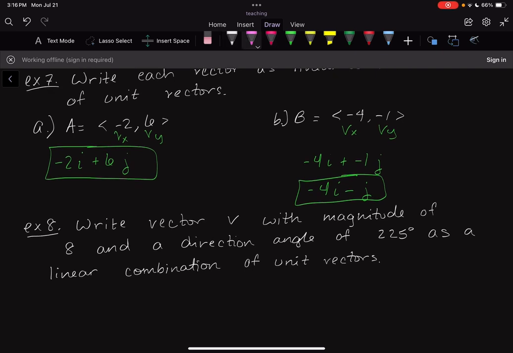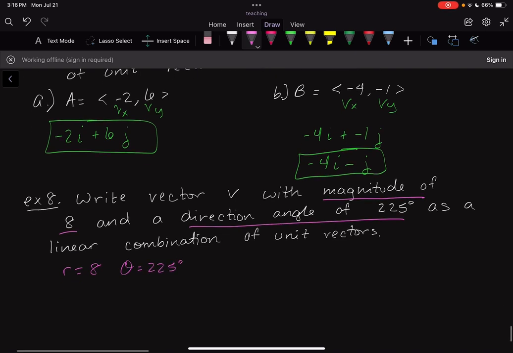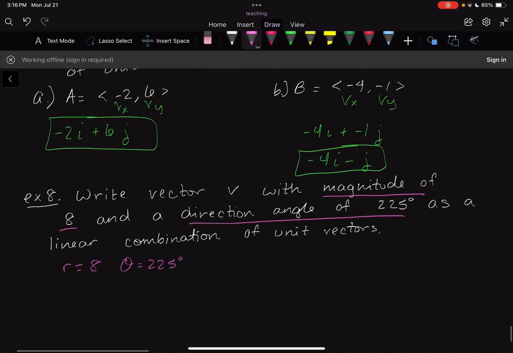So go ahead and pause, write it down, take in what it's asking. We're being given the magnitude, so that means we're being given our r. We're being given our direction angle, which means we're being given theta. We're being asked to write as a linear combination of unit vectors.